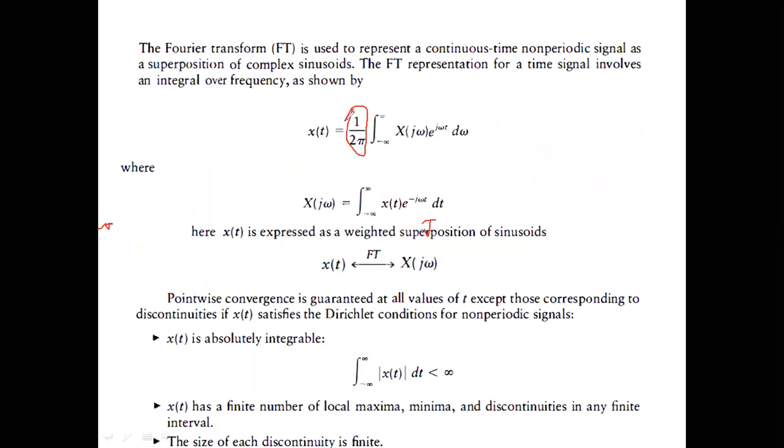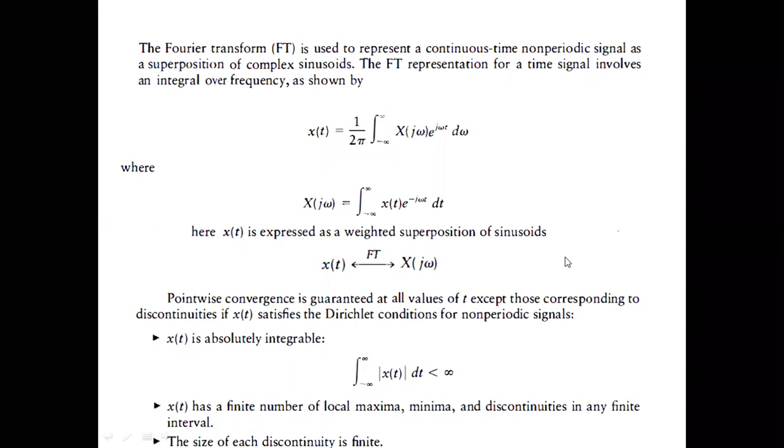We used this 1 by 2 pi in DTFT because DTFT was periodic from minus pi to pi. But here they are retaining this 1 by 2 pi term, whereas the entire thing is going from minus infinity to infinity. Remember, the DTFT was continuous and periodic, whereas the continuous time Fourier transform is continuous but aperiodic. But the 1 by 2 pi will still be there.